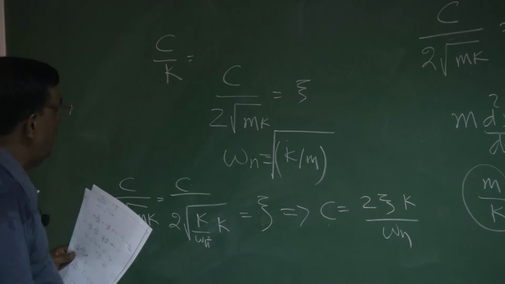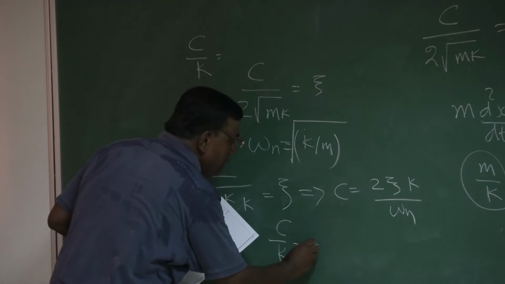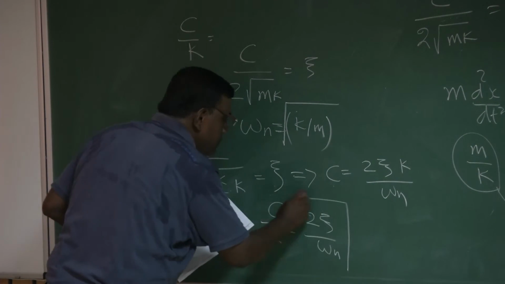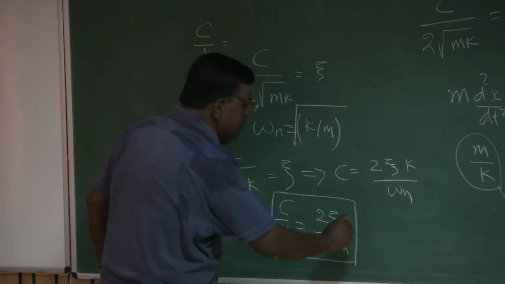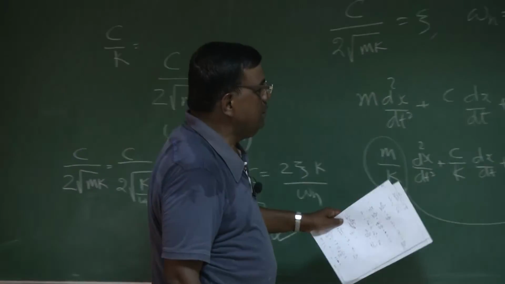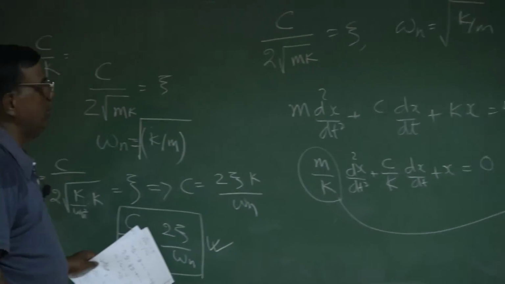And what is our aim? Our aim is c by k. So c by k will be 2 zeta by omega n. This is important. So what have we got? m by k as 1 by omega n square and c by k as 2 zeta by omega n.